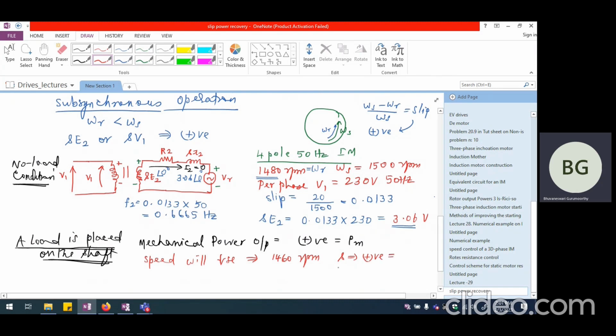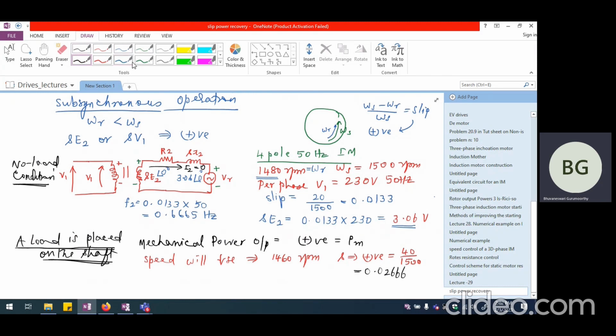So that is going to increase to what value? 1460 means this will be 40 divided by 1500. So this is going to be the slip. So 40 divided by 1500 corresponds to 0.0266. So we are going to have 0.02666 as the slip value under this condition.